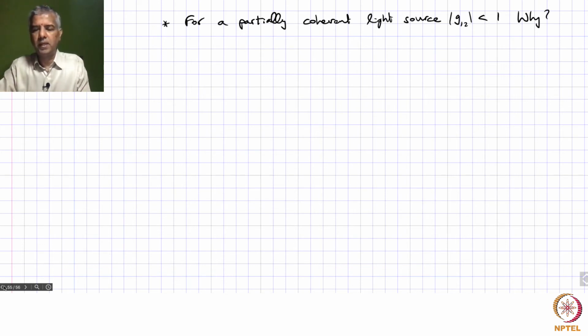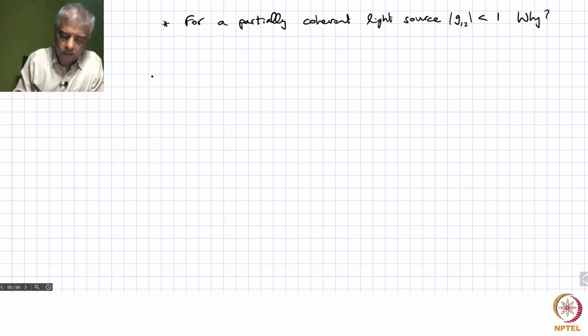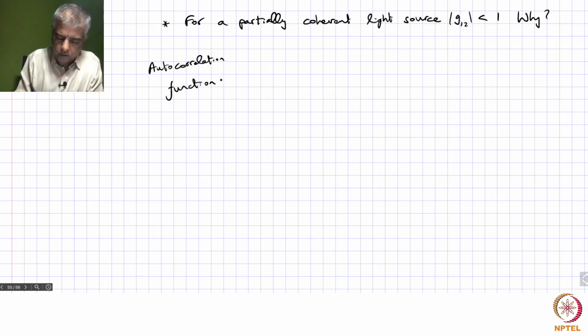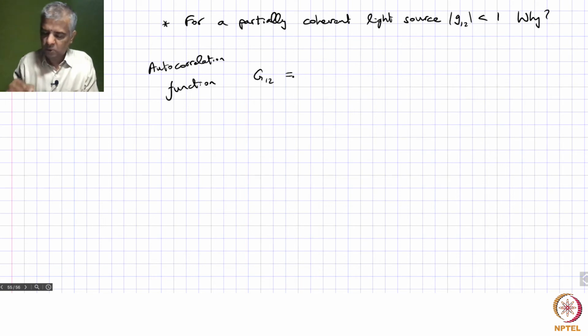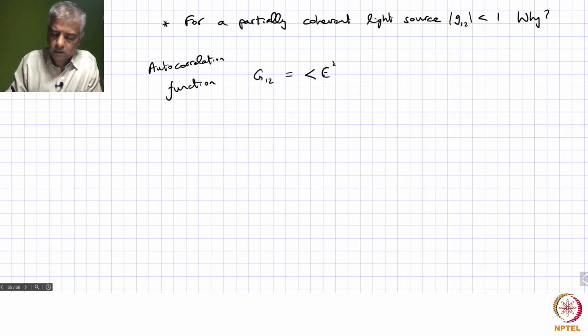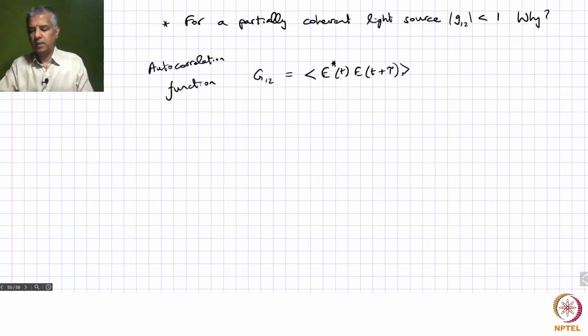Well, that corresponds to the autocorrelation function of the source. Okay. So, you can write this out as an autocorrelation function. Basically, what we are saying is the autocorrelation function, which may be defined so in this case that's the mutual coherence we are looking at. So, G12 is nothing but E conjugate of t correlated with a delayed version of that.